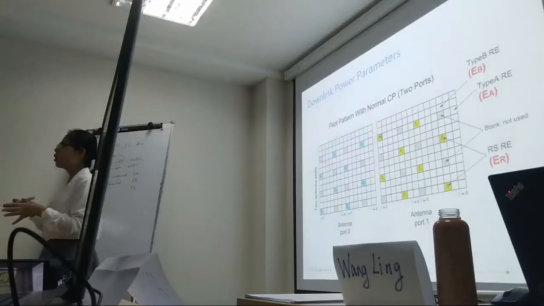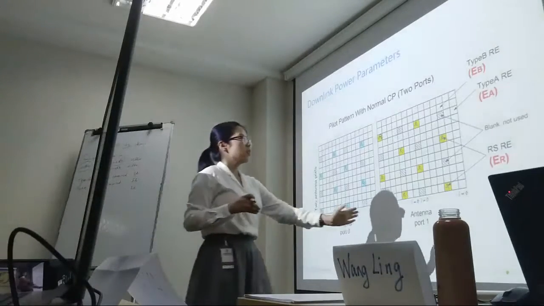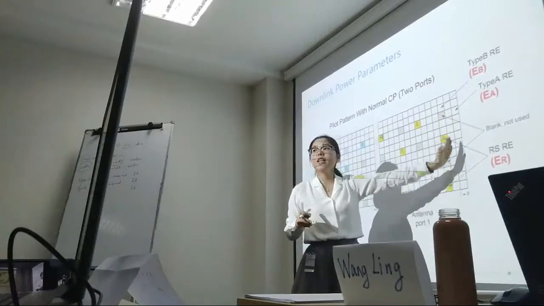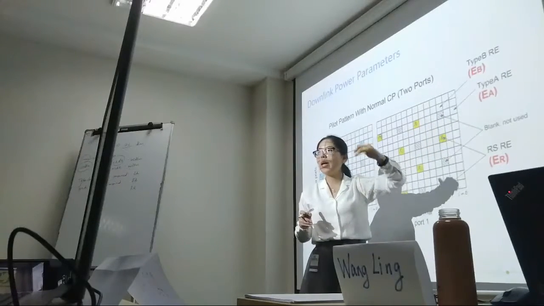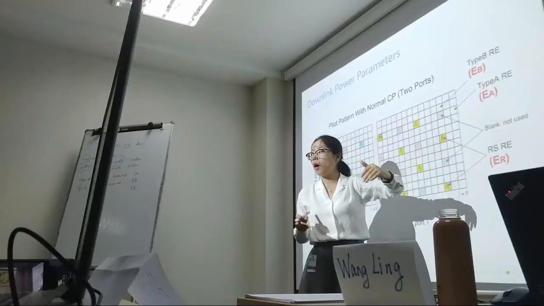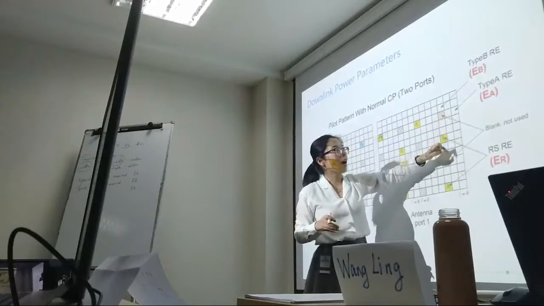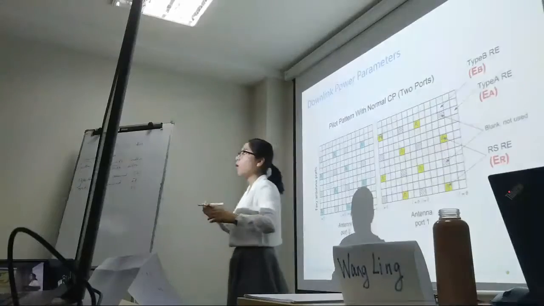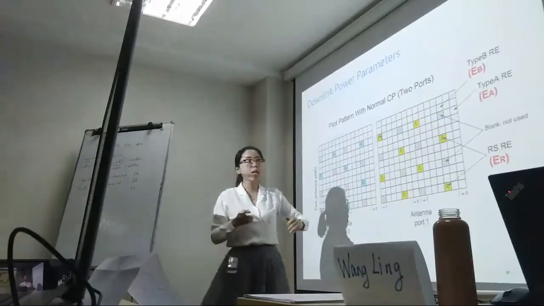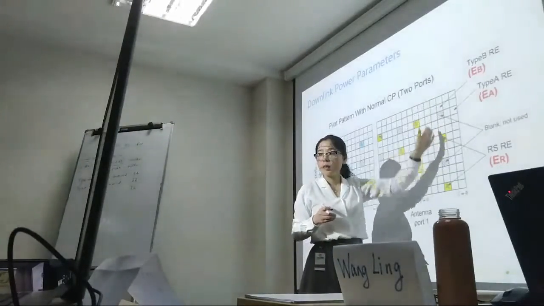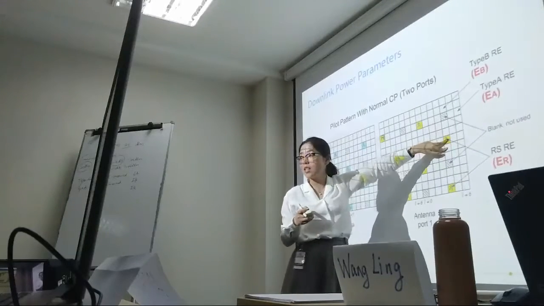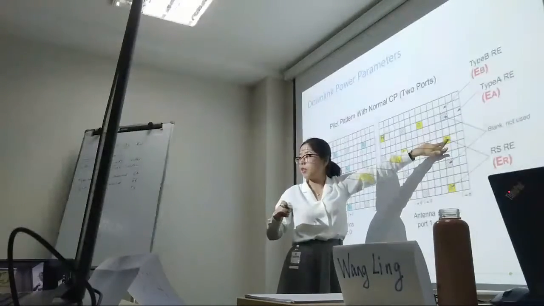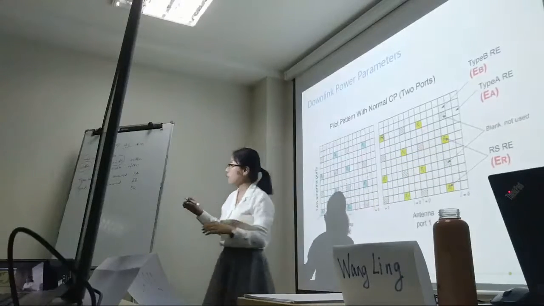For the type A symbol, the RE are the same, so when we allocate the powers, the different RE will have the same power. But the type B symbol contains RS and normal RE, so these two energies may be the same or different because they are different RE.